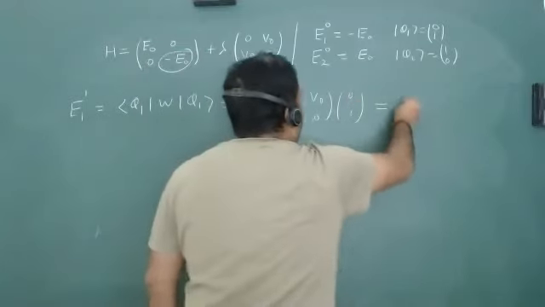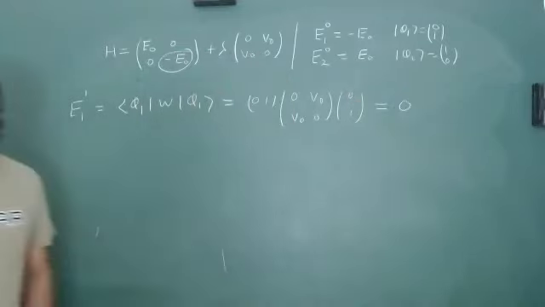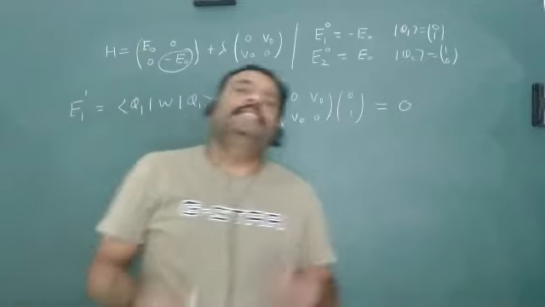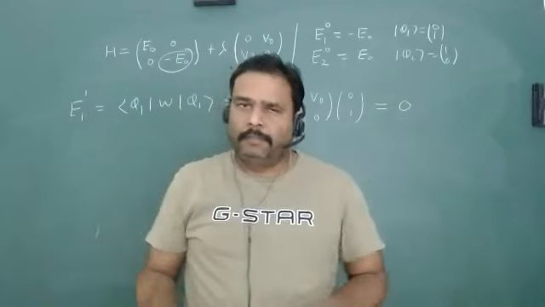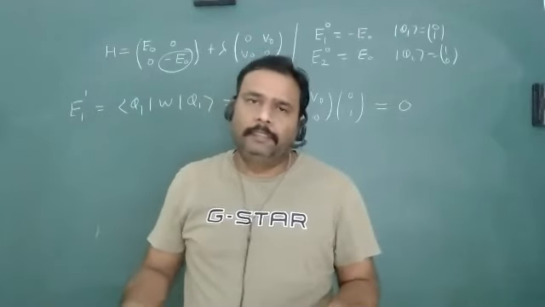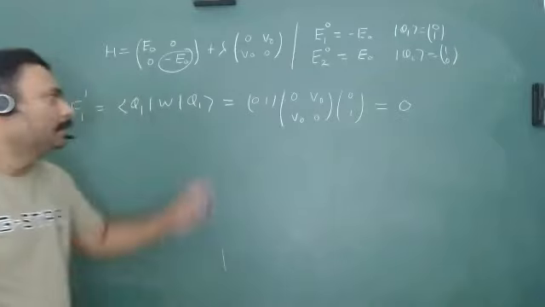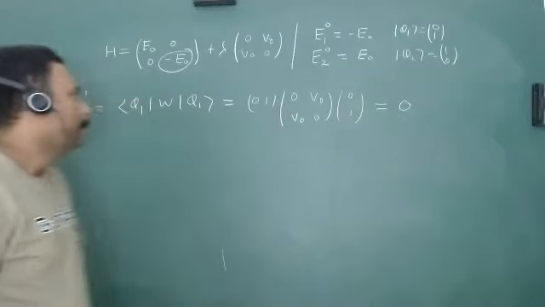You can easily calculate that this value is 0. So what is the meaning of that? There is no change up to first order. With this kind of perturbation, it may be 0. There is no change.